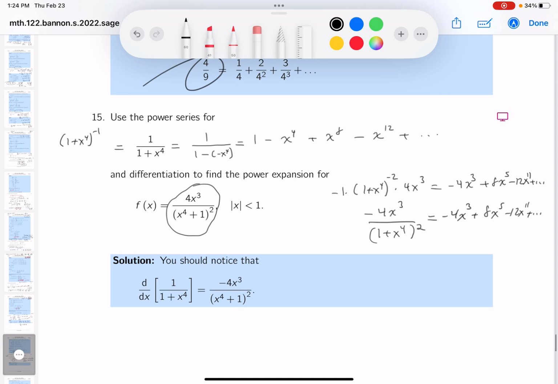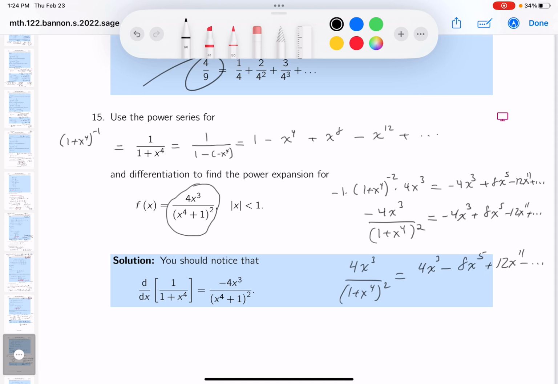All right, so what do you get? You divide by minus 1, you get 4x cubed over 1 plus x to the 4 squared. And on the right side, dividing by minus 1, you get 4x cubed minus 8x to the 5th plus 12x to the 11th minus yada, yada, yada.